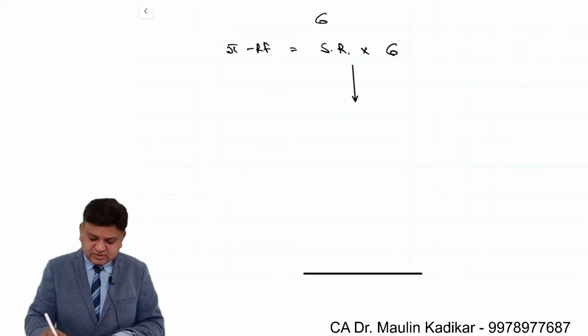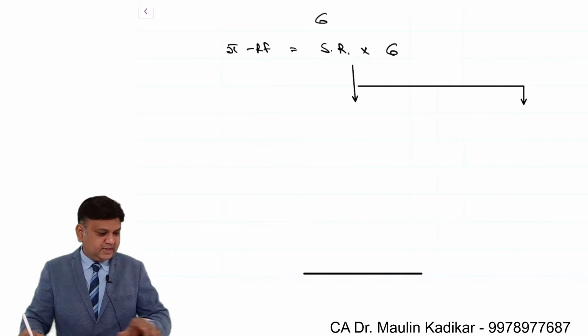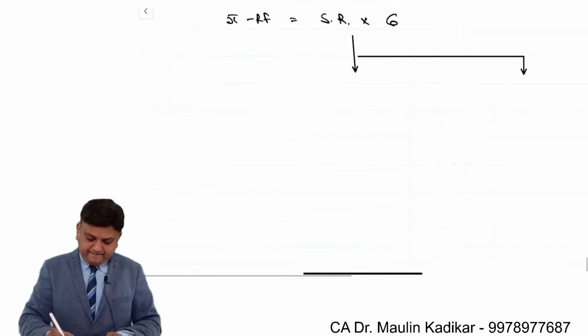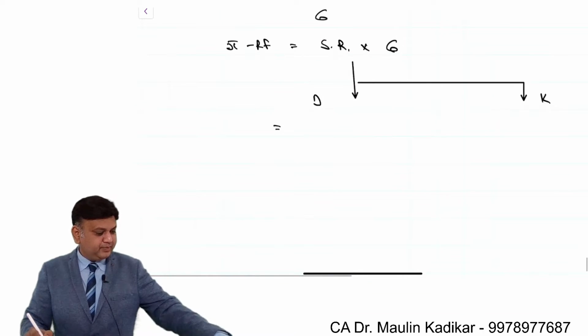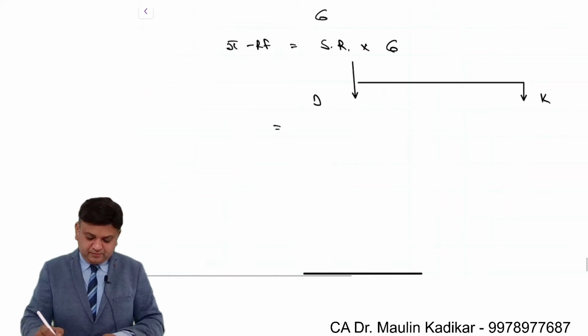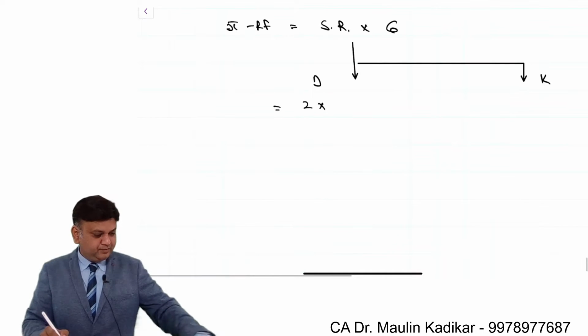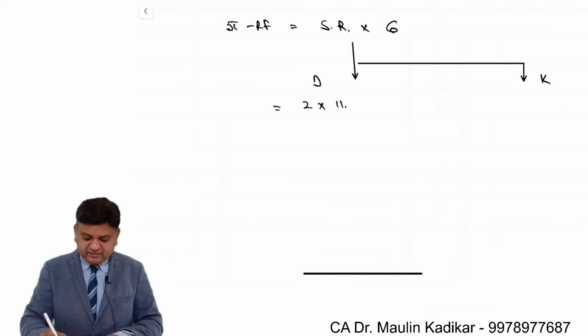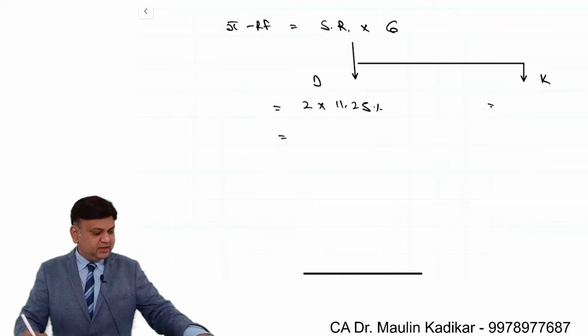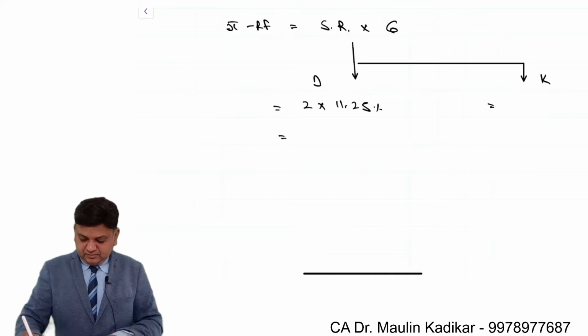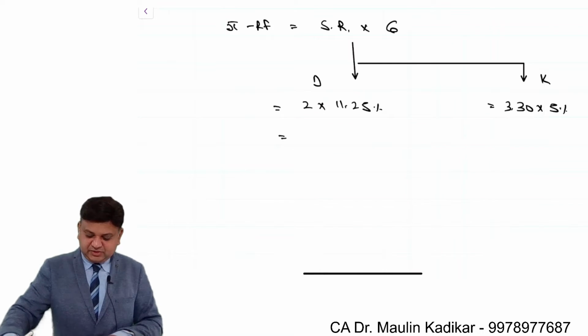This is required to be calculated for both the mutual funds, that is mutual fund D and mutual fund K. For D, Sharpe ratio is 2 into standard deviation is 11.25, and for K it is 3.3 into 5 percentage.